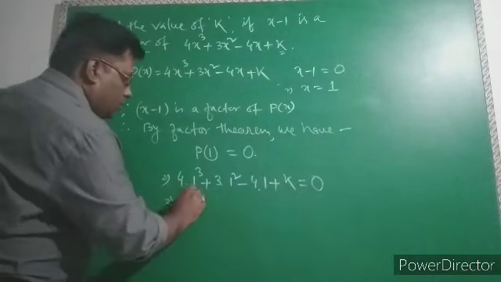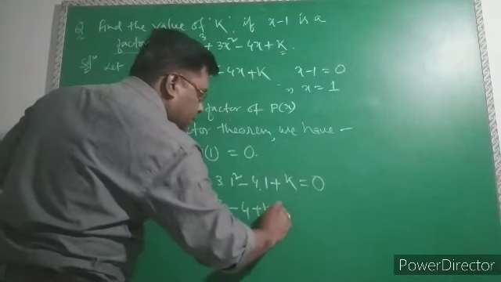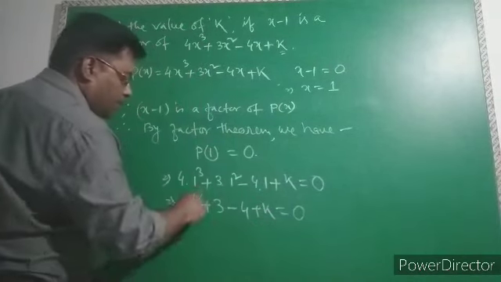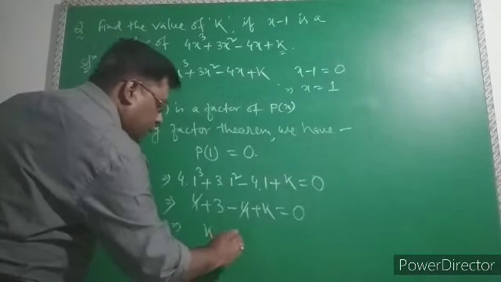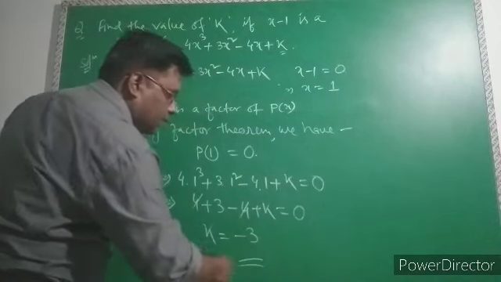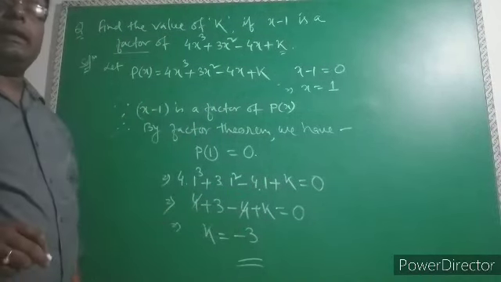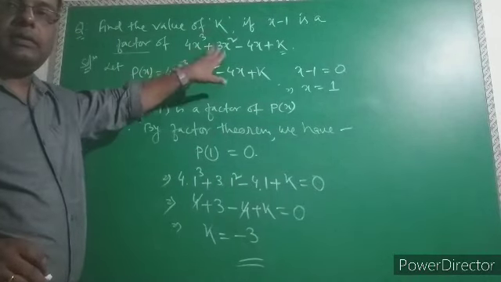So 4 plus 3 minus 4 plus k is equal to 0. So plus 4 minus 4 cancel. So if you take the plus 3 to the right side, you get k equal to minus 3. So we get the value of k for which x minus 1 is a factor of this.